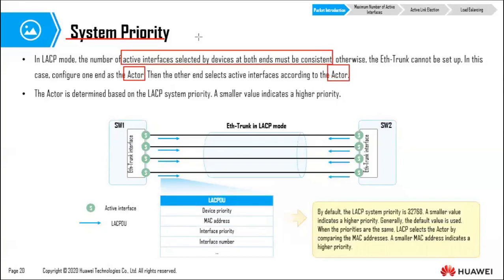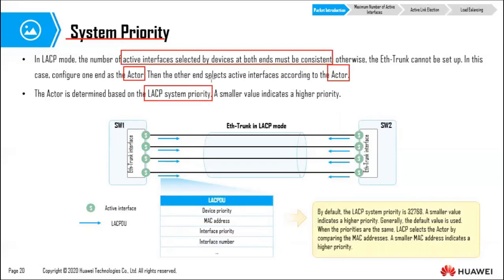Now, in LSCP mode, some interfaces can be in active mode while others are in inactive mode. But who makes the choice of which interfaces are going to be active? The actor. Are we together? The actor then tells the other end, these are the active interfaces, and the other end uses those ones. The actor is determined based on the LSCP system priority.